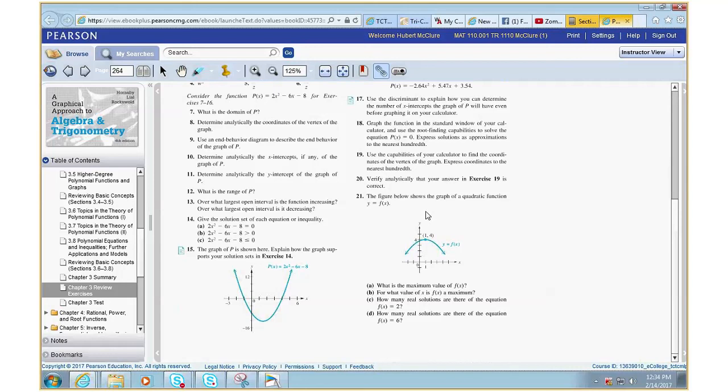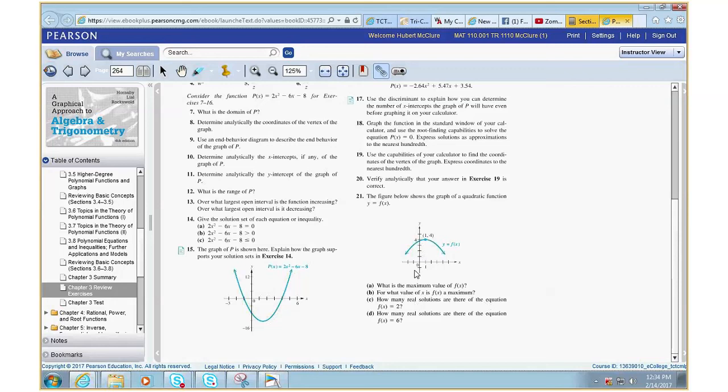The figure below is the graph of the quadratic function. What is the maximum value of f of x? What is the maximum value of y? 4, Hubert. For what value of x is the maximum? 1. How many real solutions are there?